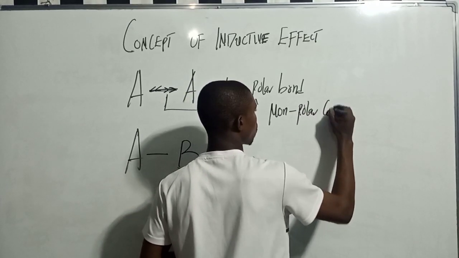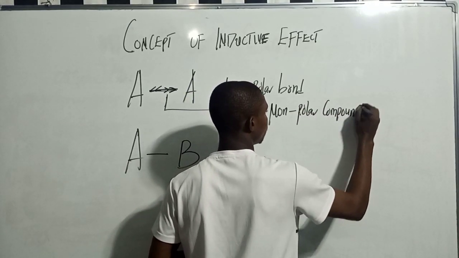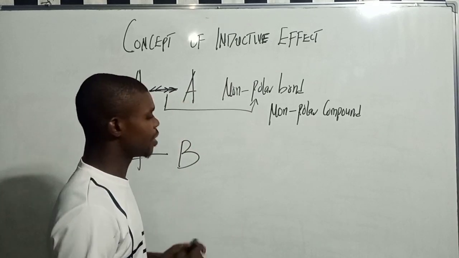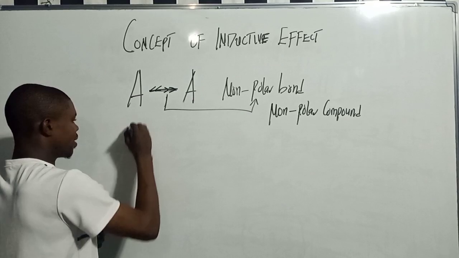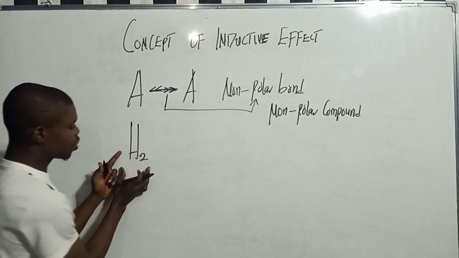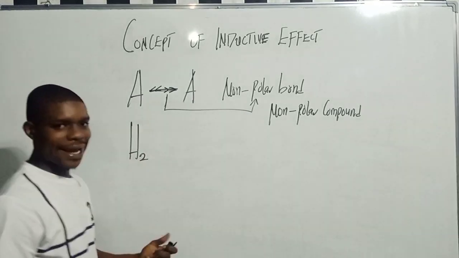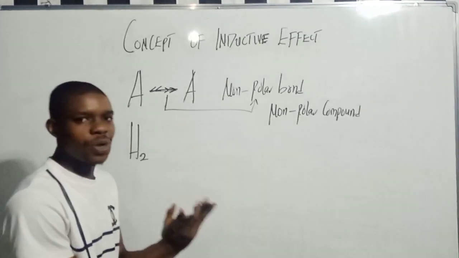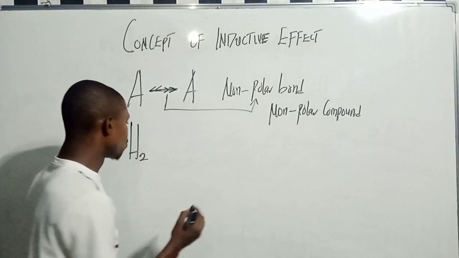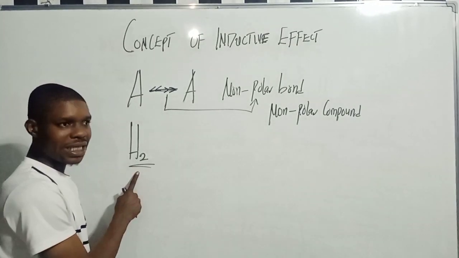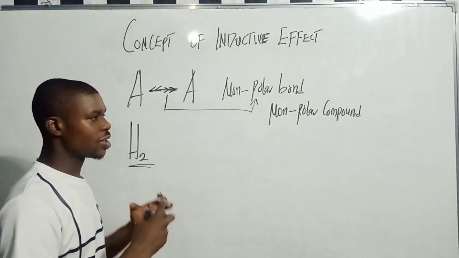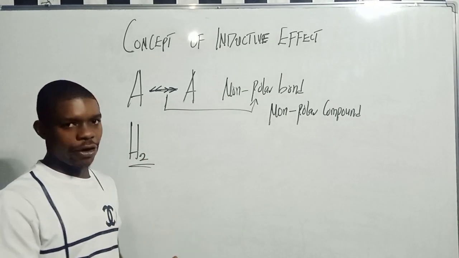A good example of a non-polar compound is H2. This one contains two hydrogens, and two hydrogens have the same electronegative power. So whenever you see H2, it is a covalent compound called a non-polar compound because the hydrogens have an equal pull of electrons.